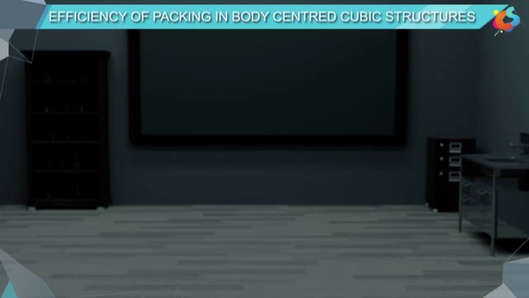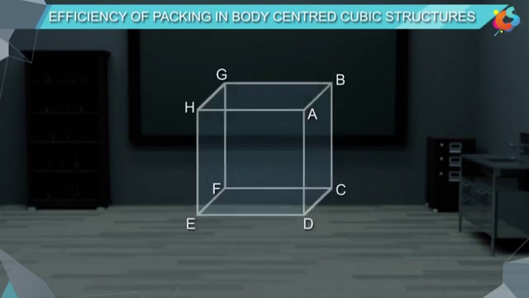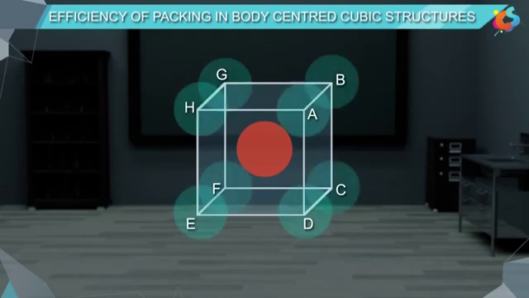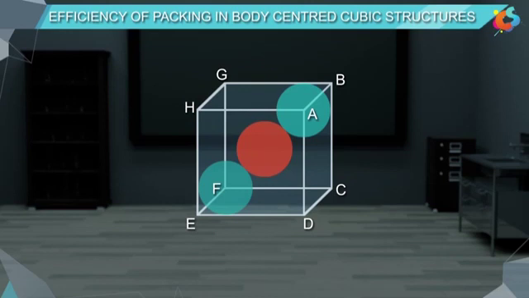Efficiency of packing in body-centered cubic structures. In a body-centered cubic structure, there is a particle at the center of the unit cell, in addition to particles at the corners. Thus, in a body-centered cubic structure, there are 3 spheres in contact with each other along the body diagonal.